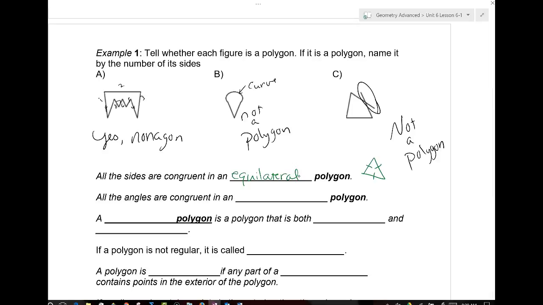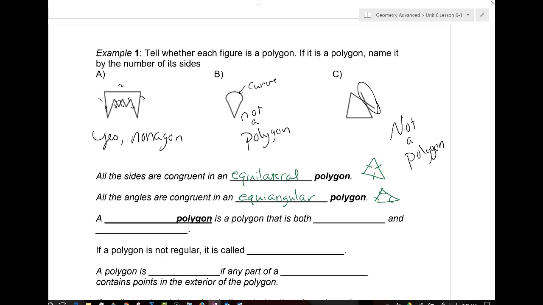Again, think triangle because it's an easy way to memorize. Exactly. Equiangular. Does a polygon have to be both equilateral and equiangular? Only time that has to happen is a triangle. The rest of the time, you can be one or the other.